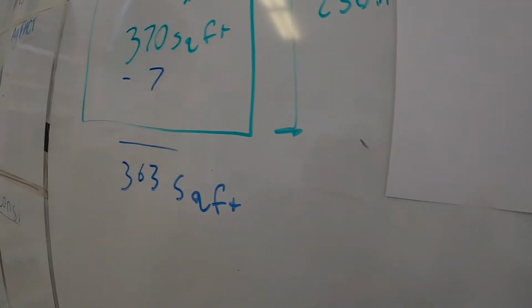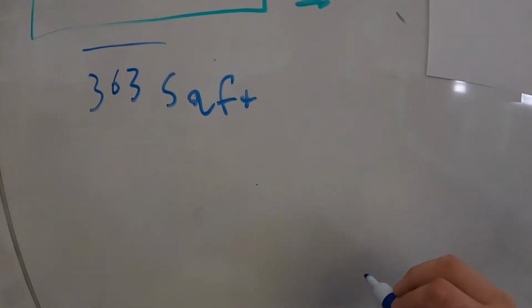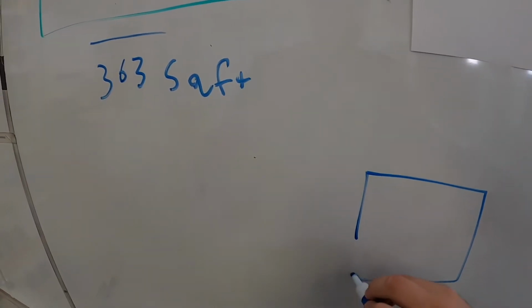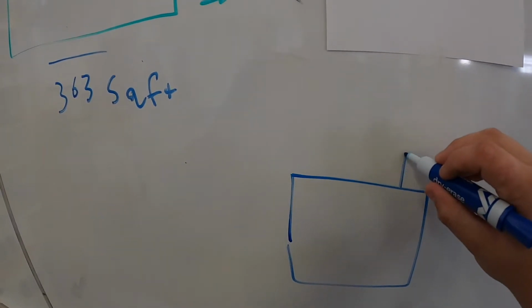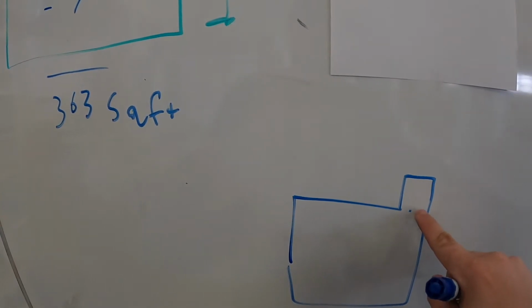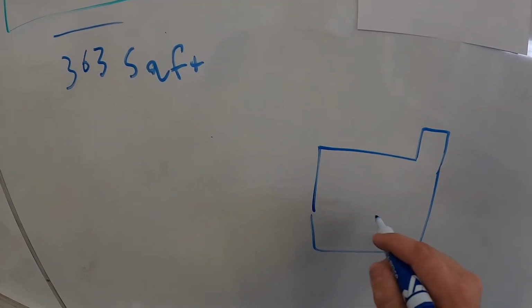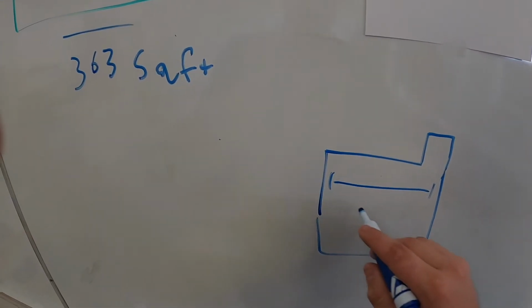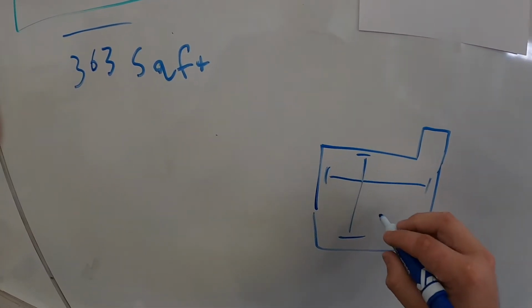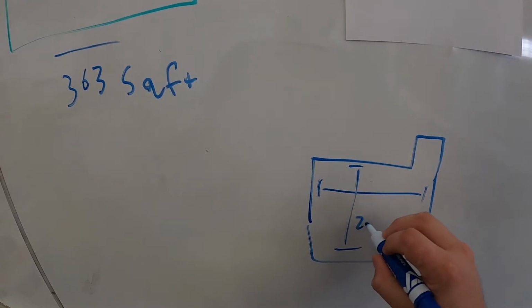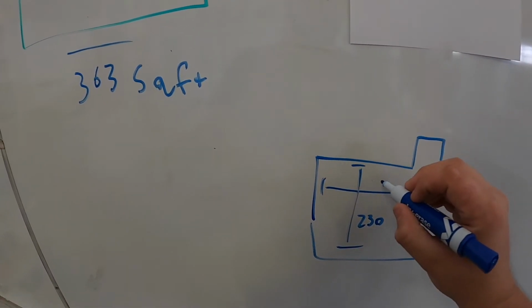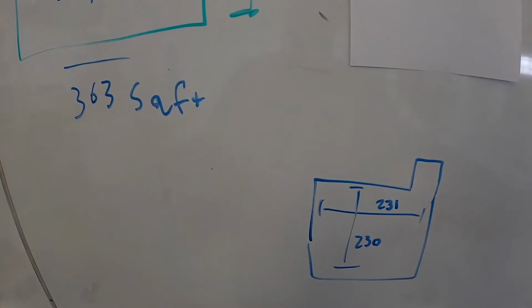If it was the other way, right? If you had a room with an extra like closet attached to it, you would do the same thing. You would find out how wide and how long the room is. Looks like this, right? 231.